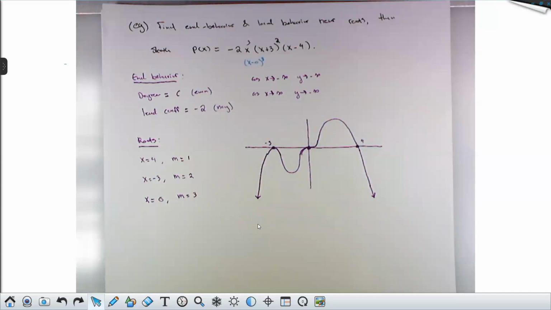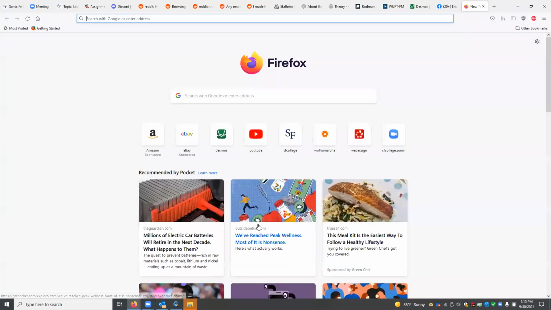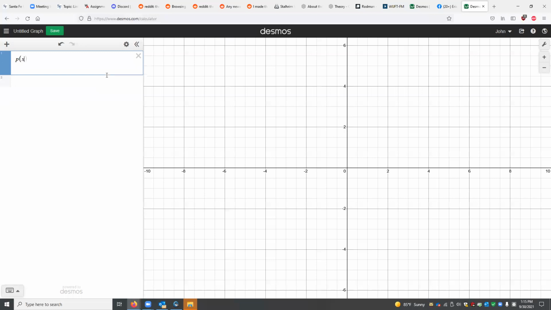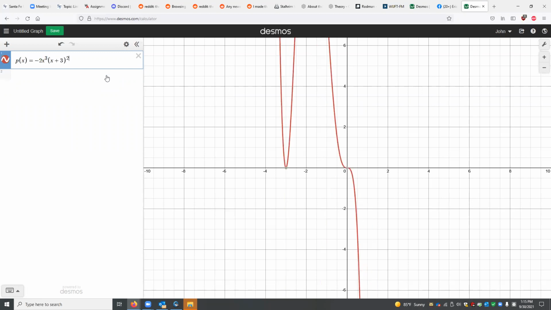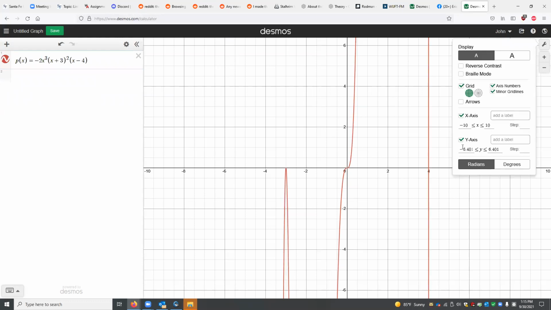So let's take this graph and compare it to what's produced by Desmos. All right, now, like I said, my y-axis could be really crazy.